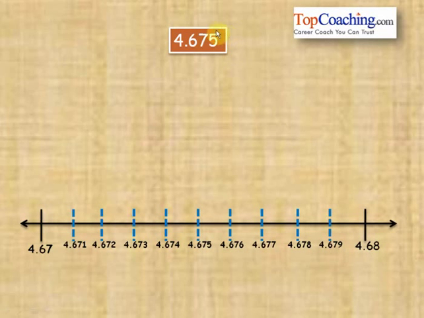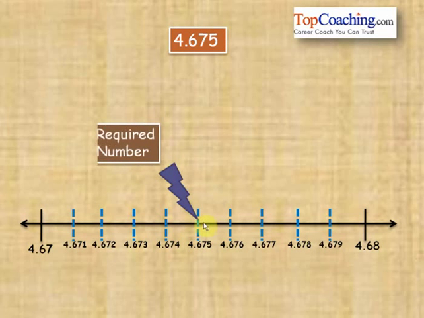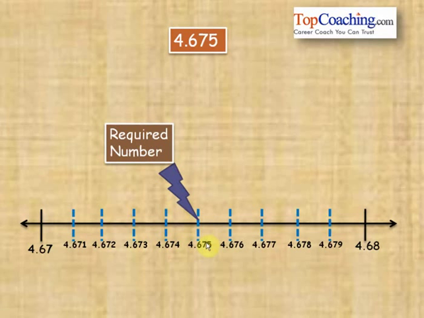Now we have to represent 4.675 and we get this as the required number, which is 4.675. Thus we have successfully represented the number exactly on the number line.